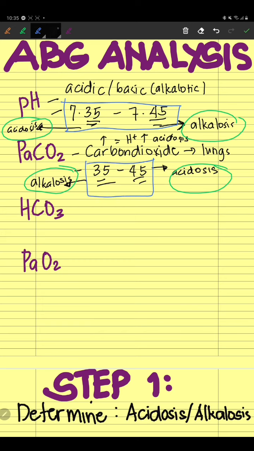Now, let's go to your bicarbonate. Your bicarbonate is regulated by the kidneys. So, siyang nagko-control niyan. Before that, in your PaCO2, we mentioned that it is controlled by the lungs.